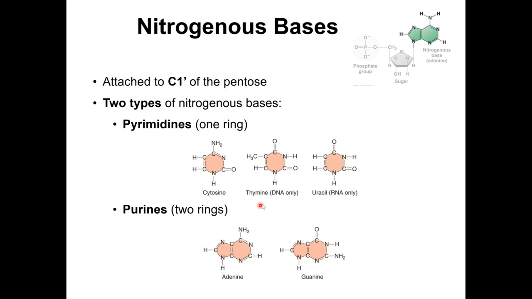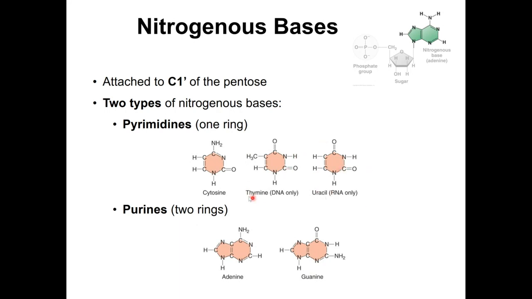Cytosine, thymine, adenine, and guanine are found in DNA, and cytosine, adenine, guanine, and uracil are found in RNA. So basically, cytosine, adenine, and guanine are commonly found in both ribonucleotides and deoxyribonucleotides, hence in RNA and in DNA, whereas thymine is found only in DNA and uracil only in RNA.